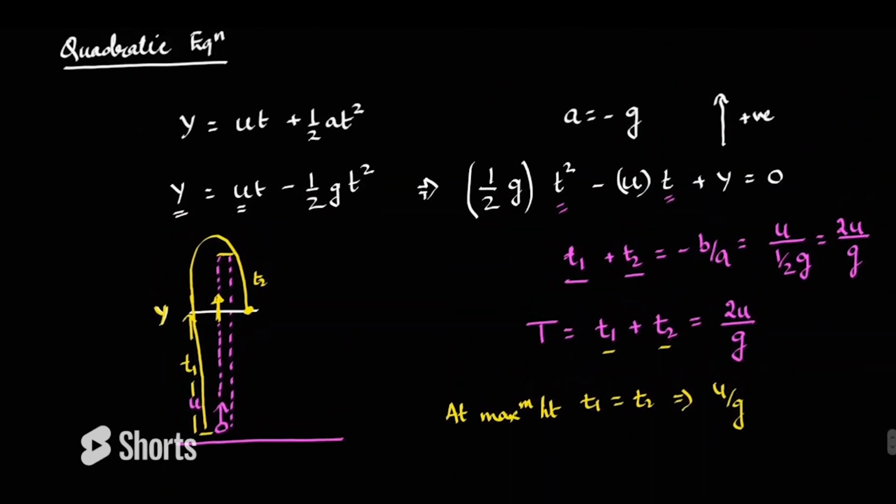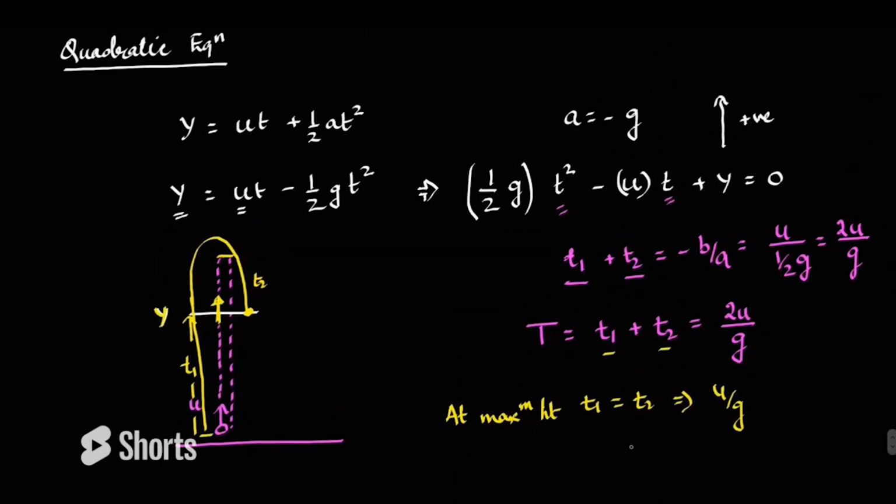And similarly, sometimes a very interesting fact comes out of it: t1 into t2, the product of roots, can be written as c by a, and it will be equal to y upon half into g, and therefore it will be 2y by g.